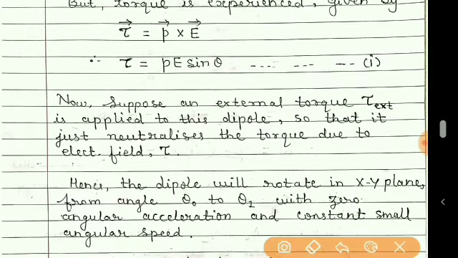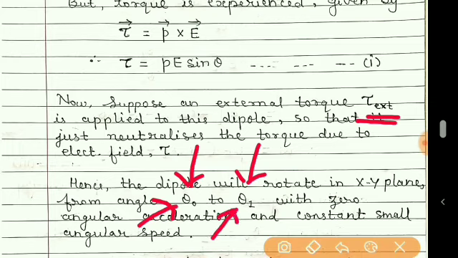Now, suppose when the external torque is given, the dipole rotates, and suppose the change in the angle is from theta naught to theta 1. Theta naught means the initial angle, and after the application of external torque, the new angle is theta 1.